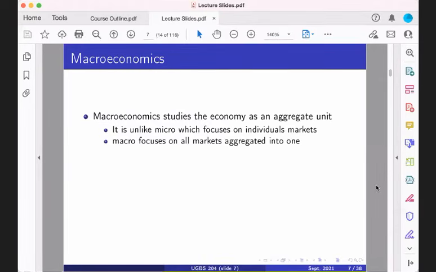The emphasis is not on a single individual like when we are studying microeconomics. Macroeconomics studies the economy as an aggregate unit. It is not like micro, which focuses on an individual market or an individual person. We are looking at aggregates. Macro focuses on all markets aggregated into one, or all individuals aggregated into one. That's the basic distinction between micro and macro.